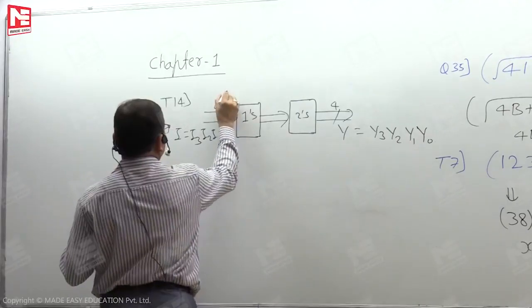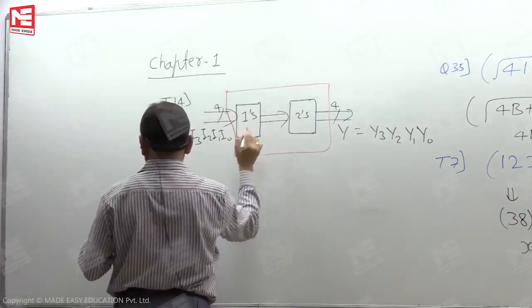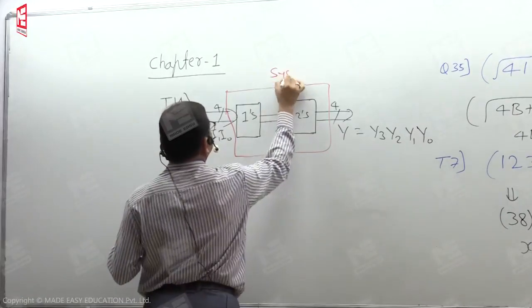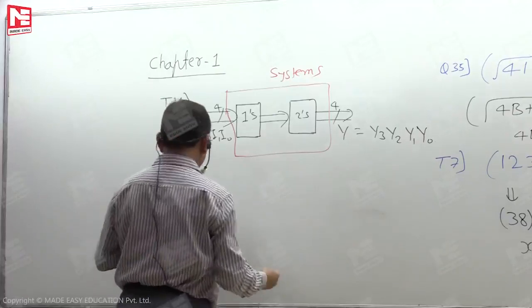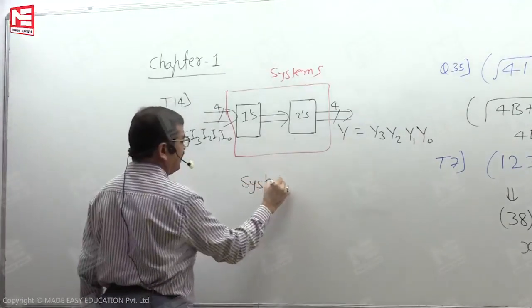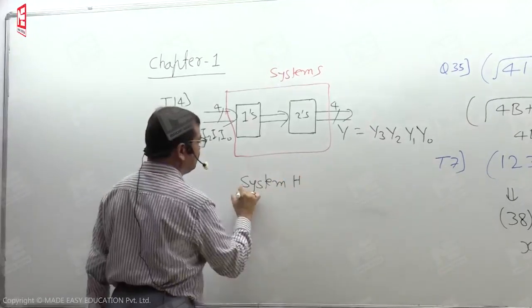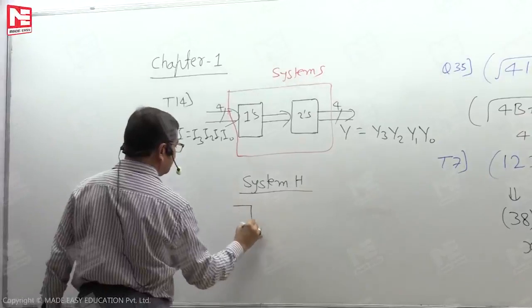This is named in the question description as system S, and there is a system H which is built by using three such S systems.